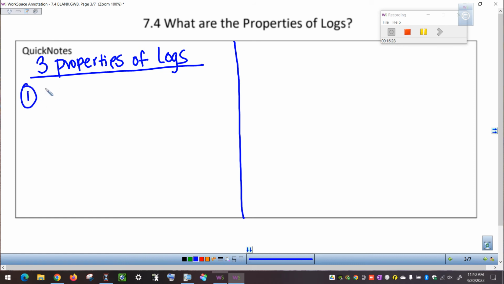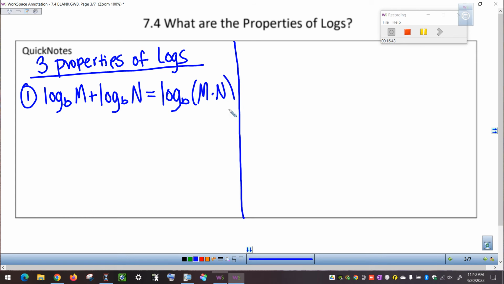The first one we did, log base b of m plus log base b of n, when they have the same base and they're being added, they are going to condense down using multiplication. So it's the same thing as log base b of m times n.